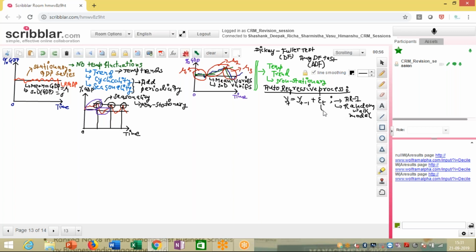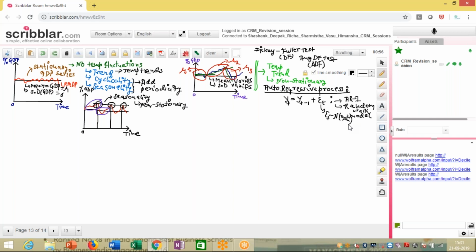And how do you define the white noise? The et is defined as a normal distribution with mean 0 and variance sigma squared u. This is how the et behaves. It is the same white noise that we had studied in linear regression.